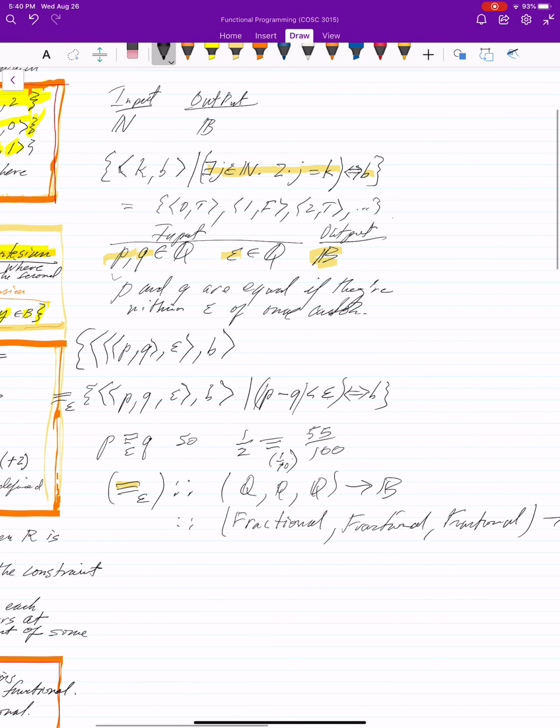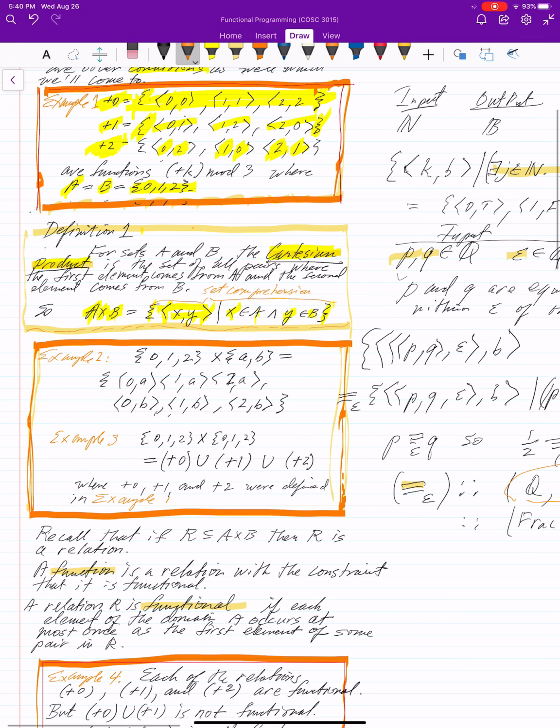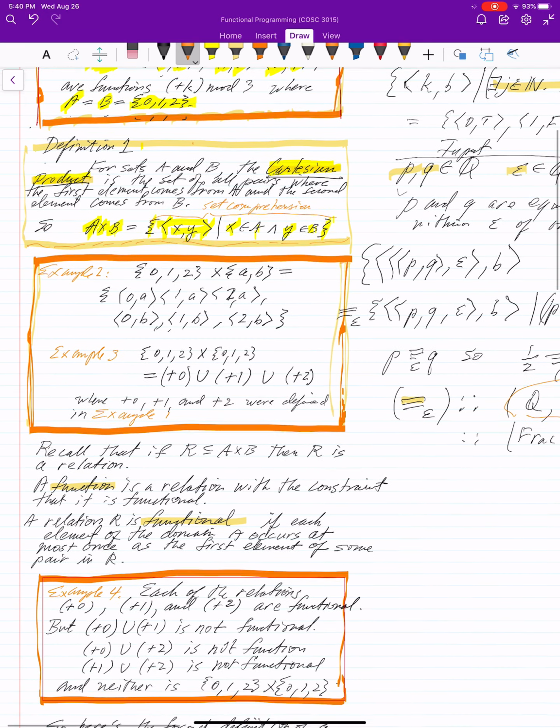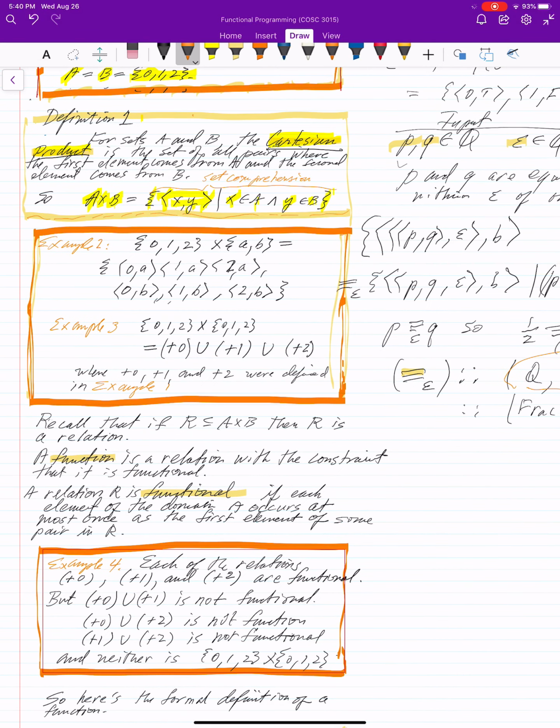So the arrow is the thing that indicates that you're in the function. This is the function type. This is my domain A, and this is my codomain B.